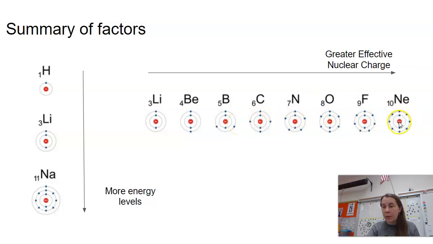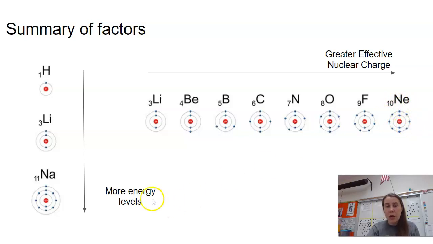But we're adding in protons, okay? So our shielding doesn't change, but the protons in the nucleus increase, and so the pull that these outside valence electrons will feel will increase as we go across. And that's the reason that the atoms get smaller, and then they get more electronegative and have higher ionization energies as we move from left to right.